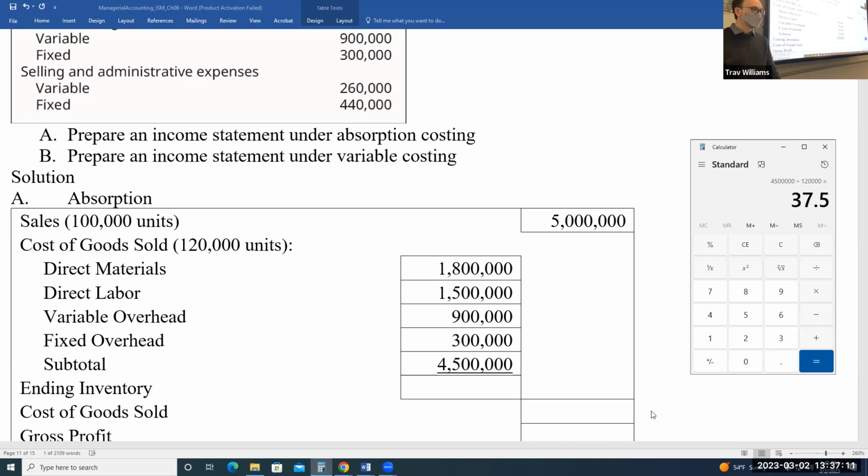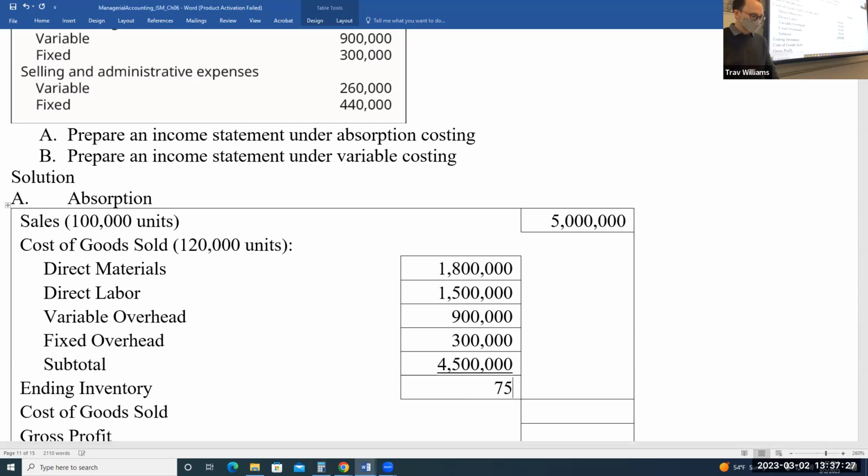Now, 20,000 units did not get sold, correct? So if we multiply this per unit cost times the 20,000 that did not get sold, that's $750,000 that's still sitting in ending inventory.